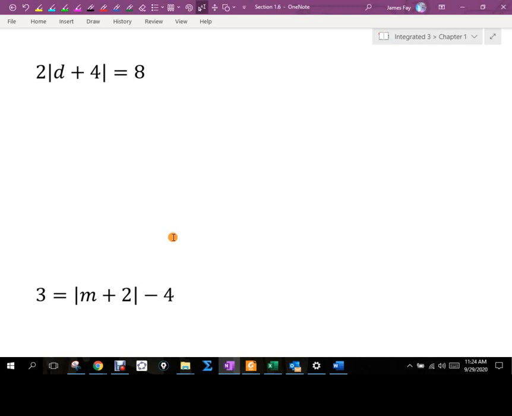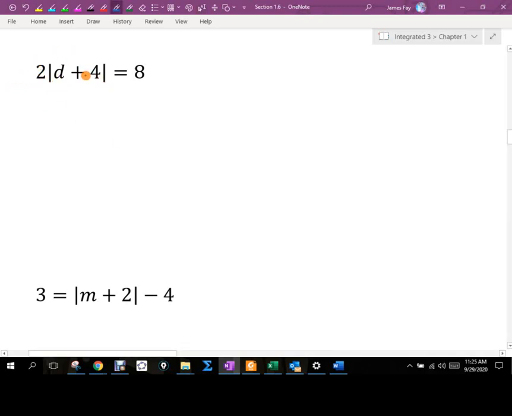So if I look at that one, are the absolute value bars by themselves? No. Now, the absolute value bars have a little more operation to them than parentheses, but they're still grouping symbols. Does that make sense? They still get us to focus on the d plus 4 as one thing. So that 2 out front, with no symbol between the 2 and the absolute value bars, means 2 times the absolute value.